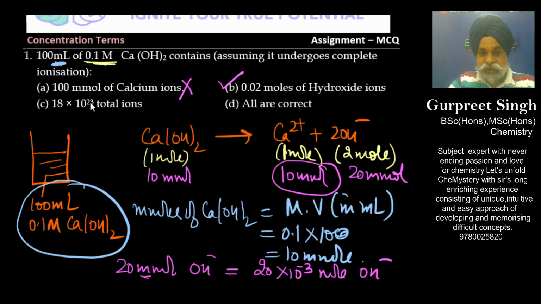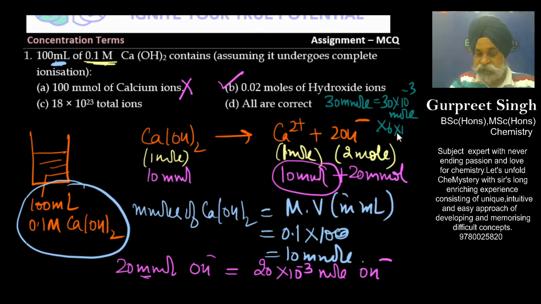And 18 into 10 raised to 23 total ions. No, this also is a wrong statement, because 10 plus 20 makes 30. So you have 30 millimoles of total ions. 30 means 30 into 10 raised to minus 3 moles, and this is to be multiplied by 6.02 into 10 raised to 23.